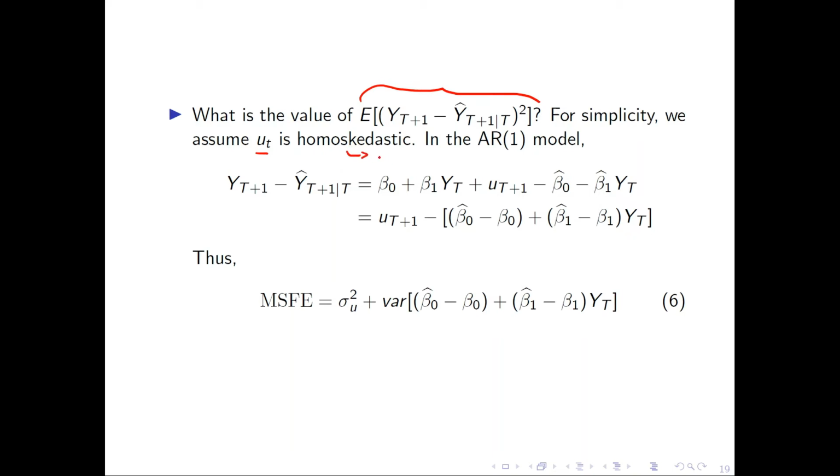Homoscedasticity means that the residual term has a constant variance. So what is the forecast error? It's the actual value minus the forecast.